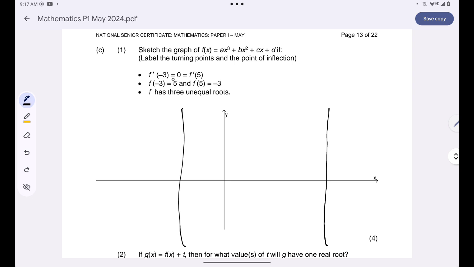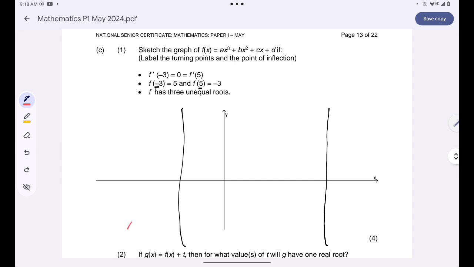Since both x is equal to negative 3 and 5 are my x values at turning point, the one with the larger y value will become the x value at maximum. Are you together? And the one with a lower value of y will simply be the x value at minimum. Are you together?